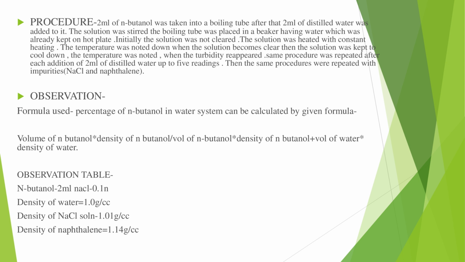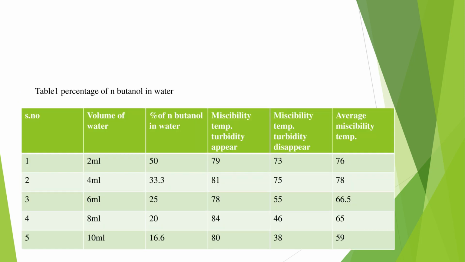When the turbidity disappeared, the temperature was noted, and the solution was kept aside to cool down, and the temperature was noted again when the turbidity reappeared. The same procedure was repeated after each addition of 2 ml of distilled water up to 5 readings, and then the same procedure was repeated with impurities.